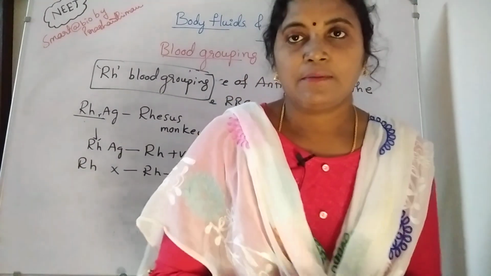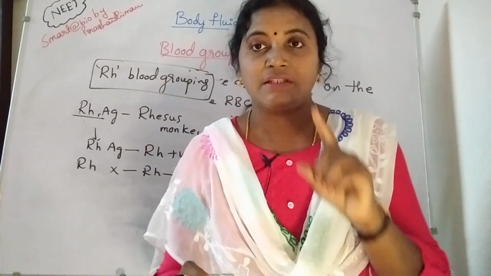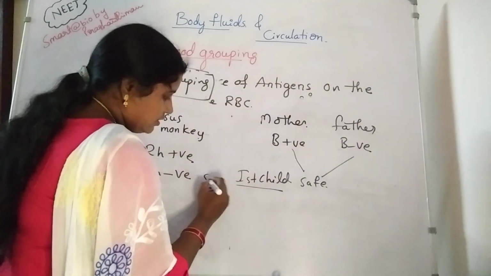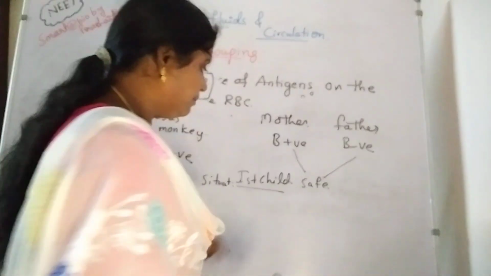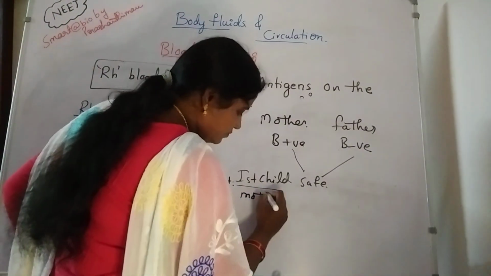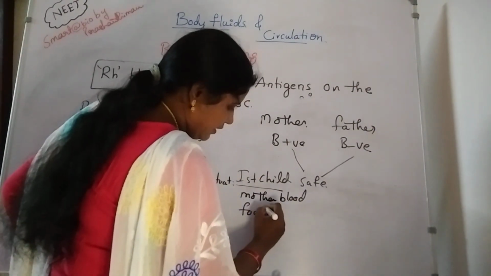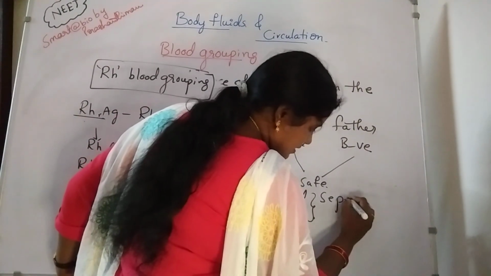Why? Because the mother's blood and fetal blood are clearly separated by the placenta in the situation of a first child. So in the first child, the mother's blood and fetus blood are both separated by the placenta.